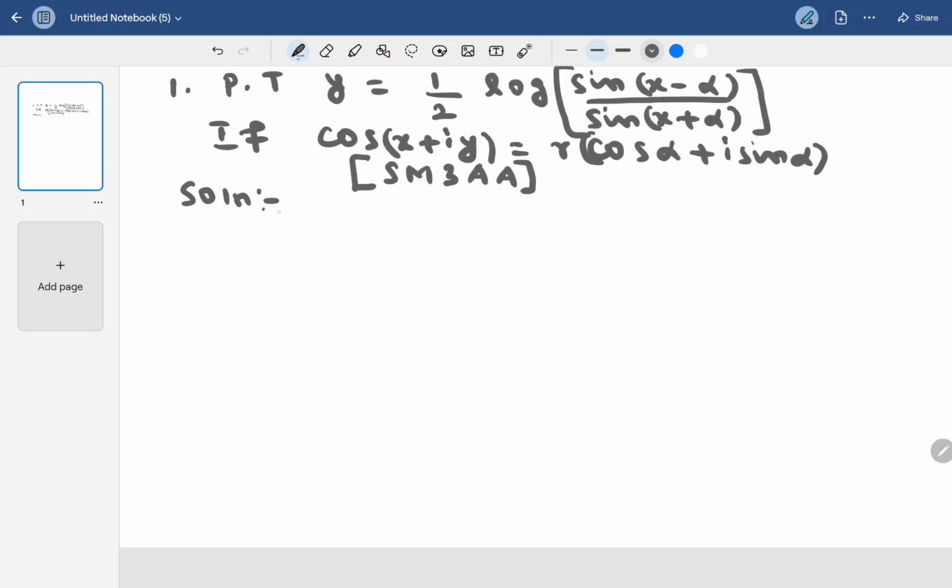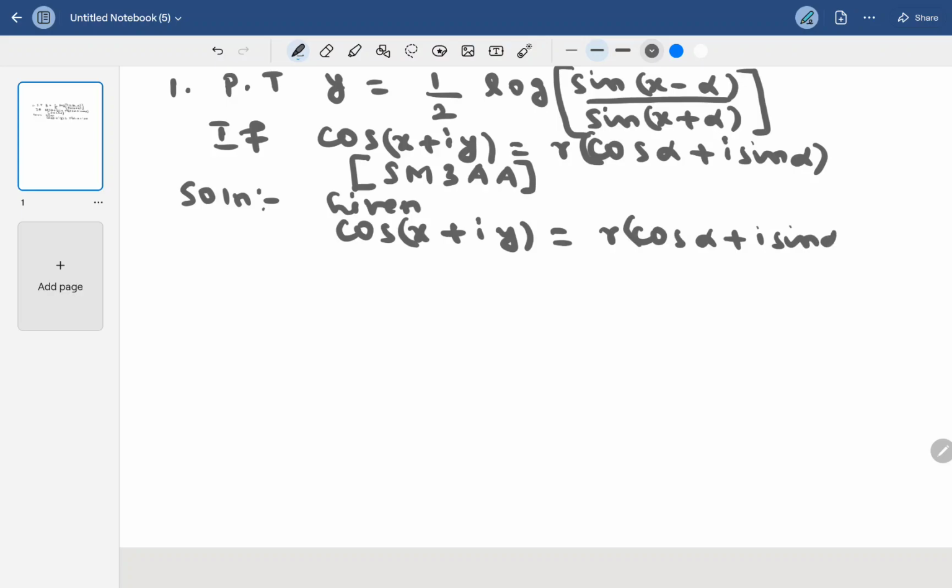Solution: given cos of x plus iy equal to r into cos alpha plus i sin alpha. It can be written as r cos alpha plus i r sin alpha. LHS is of the form cos of a plus b.